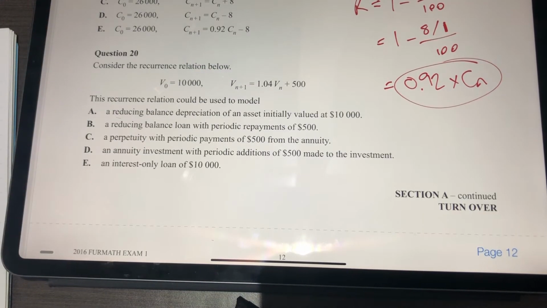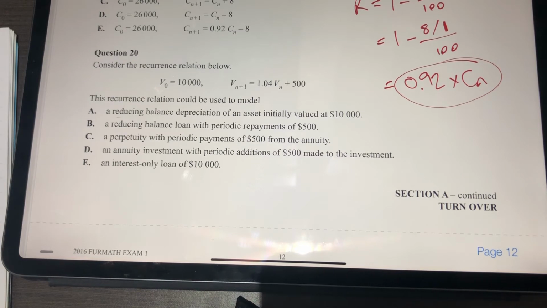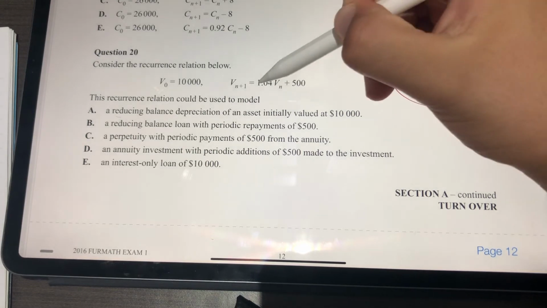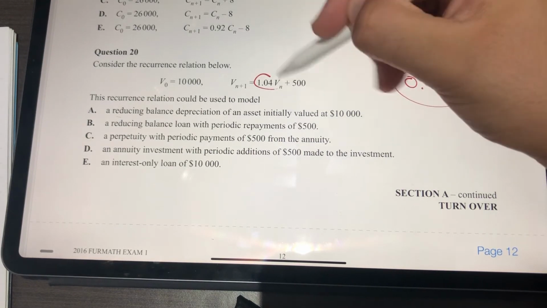Consider the recurrence relation below. Question 20, V0 is equal to 10,000, Vn plus 1 equals 1.04 Vn plus 500. Recurrence relation could be used to model what? Okay, so when you get a question like this, there's a couple of things you need to look at. You need to look at whether this number is greater than 1 or below.